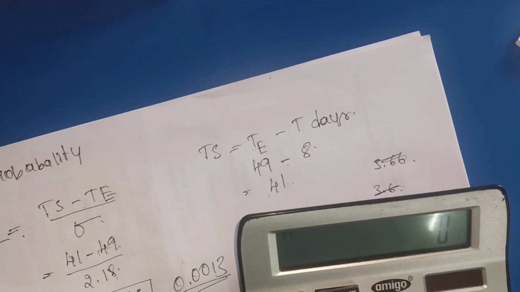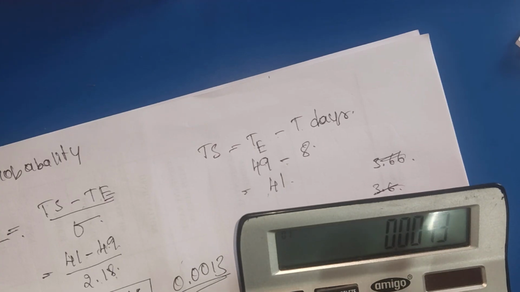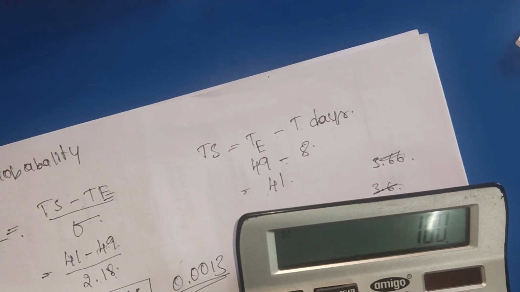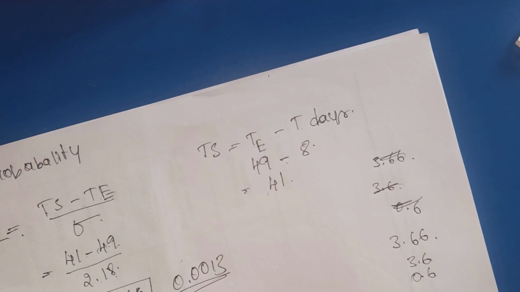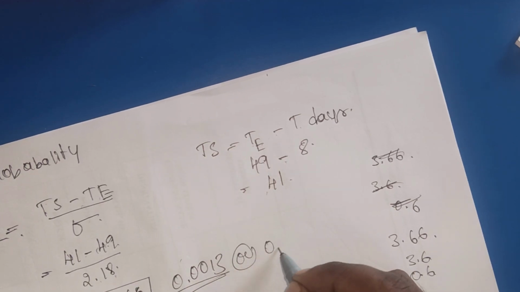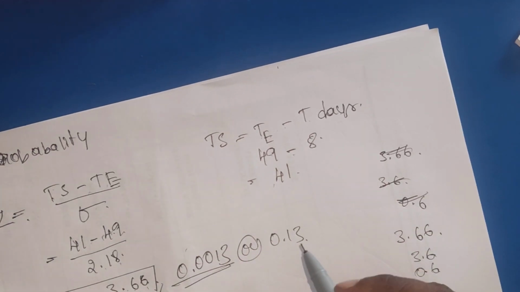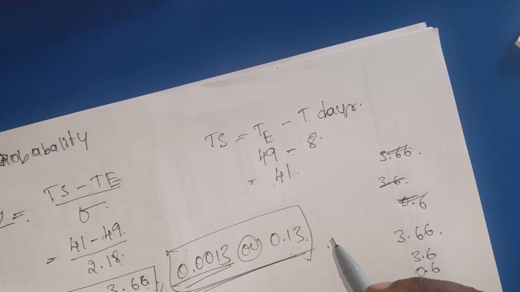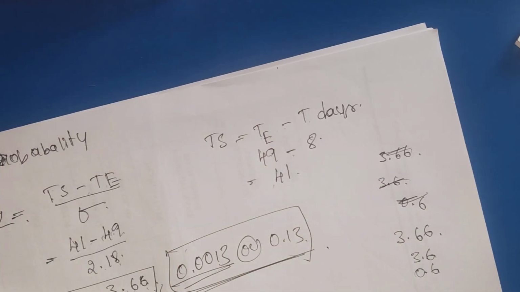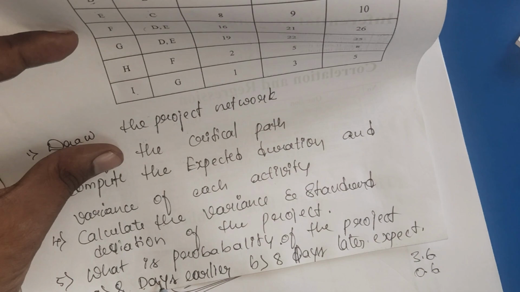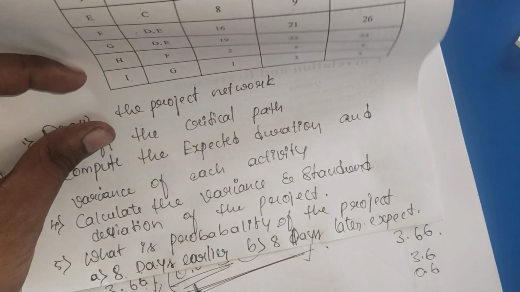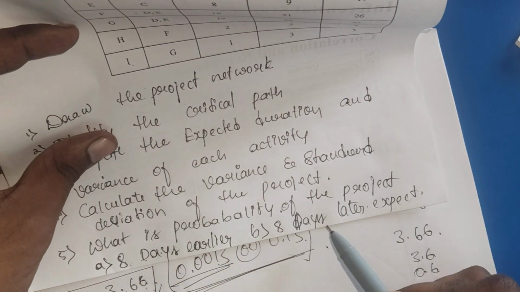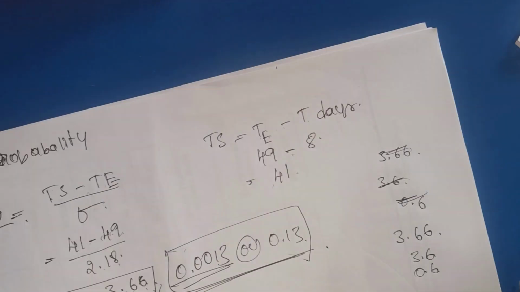That means 0.0013 times 100 is 0.13, and 0.13 percent is the actual result for the first one, 8 days earlier. So now I have done the 8 days earlier. Now we are going to move to the 8 days later than expected.